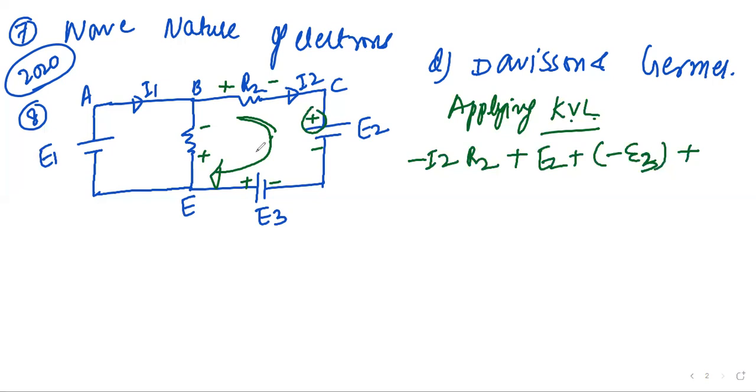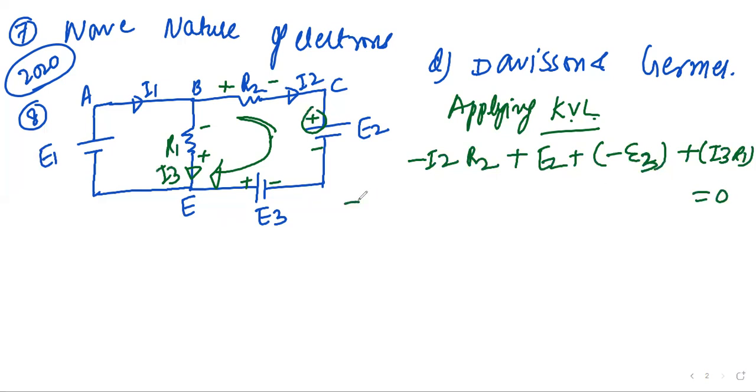it will be plus I3. It is I3 flowing through it, so its direction is given in the opposite way, right? So this will be plus I3 because the direction is opposite. It will be minus of minus, so it will become plus. So it is I3, and the value is R1. So it will be R1 equal to 0.